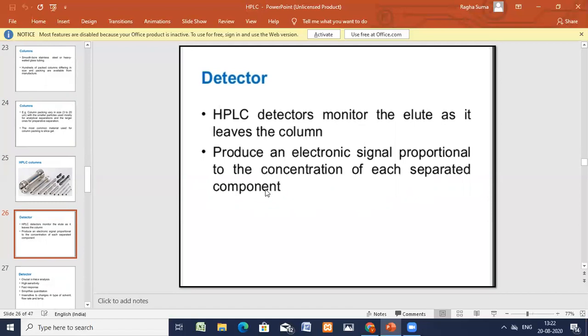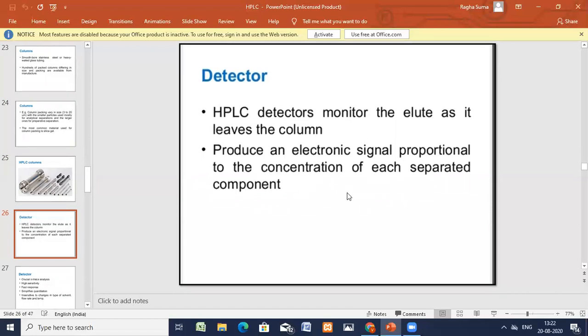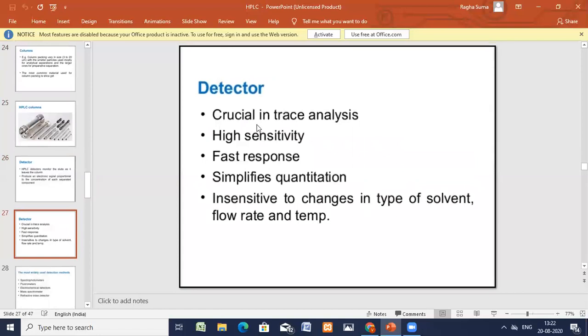A detector is crucial in trace analysis, with high sensitivity and fast response. It simplifies quantitation and is insensitive to changes in the type of solvent, flow rate and temperature.